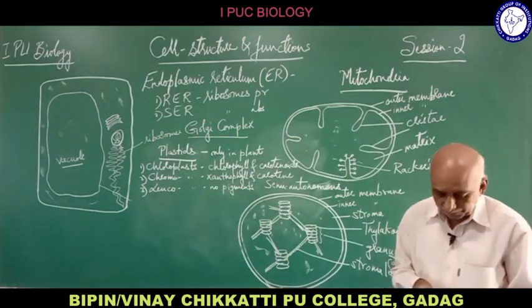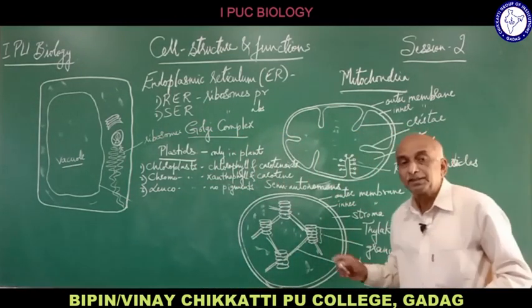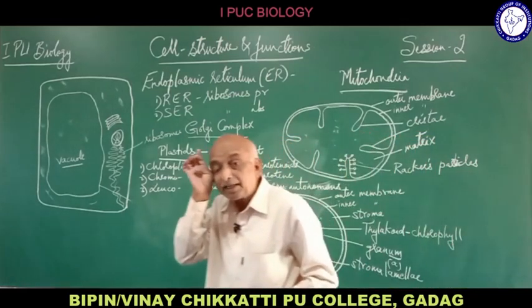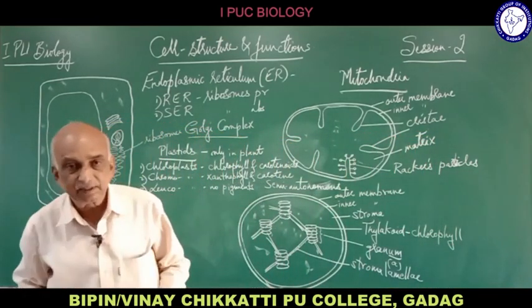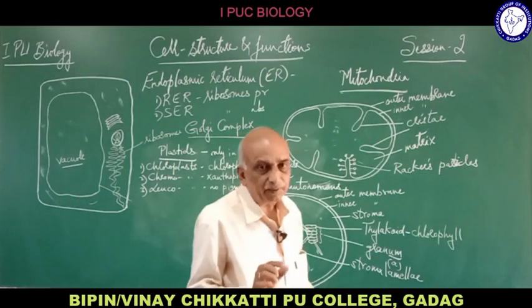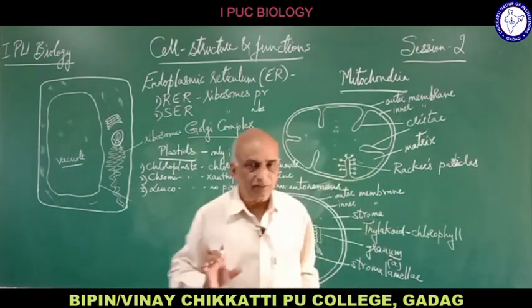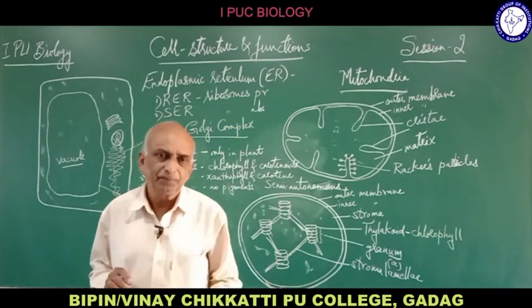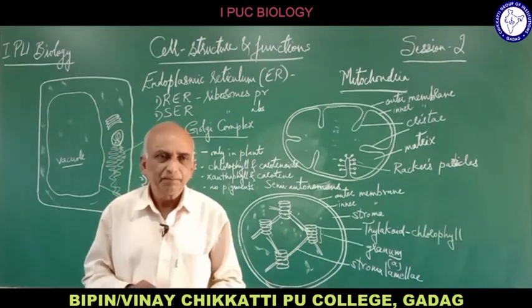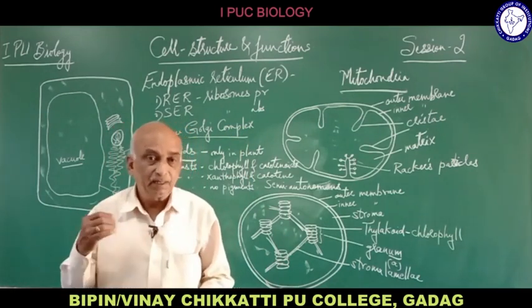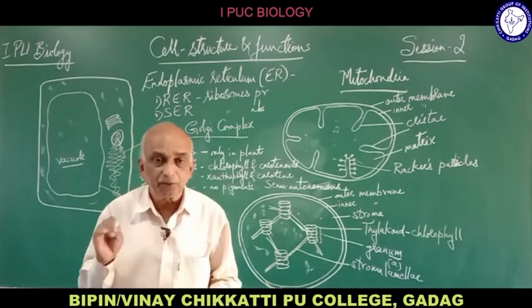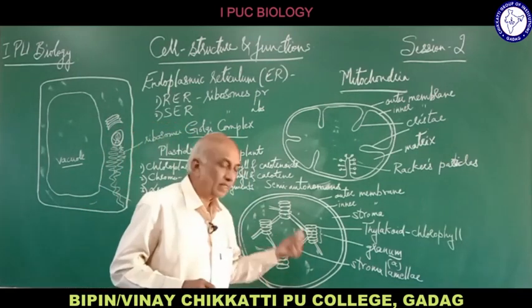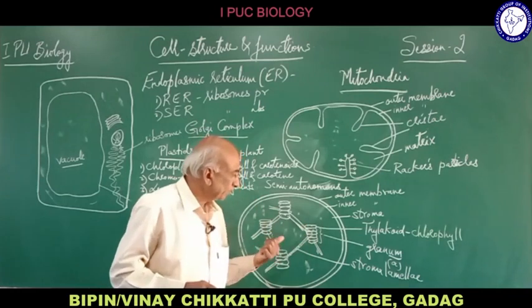Each granum contains an average of 25 to 40 thylakoids. Rarely there may be more than 40 or less than 25, but very few. More commonly the number of thylakoids is 25 to 40 in a single granum. That is the number of the thylakoids.